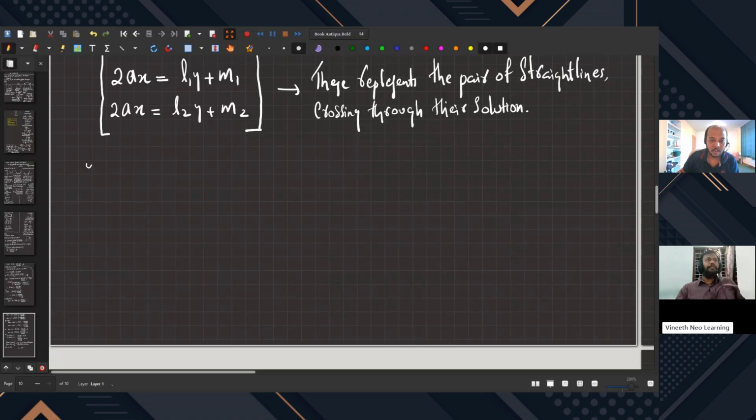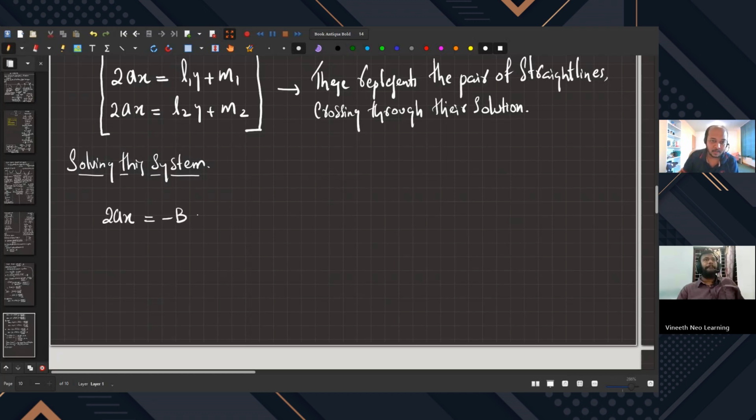So then this equation of 2ax will become negative b plus d, isn't it?